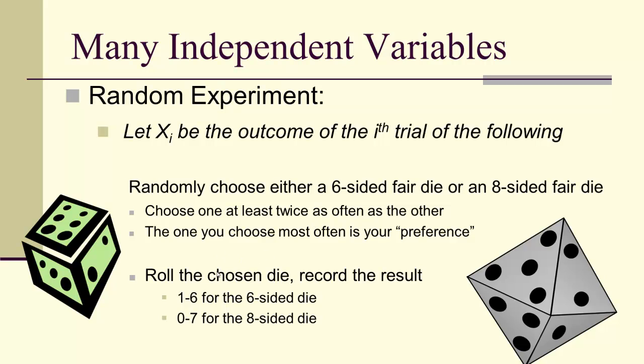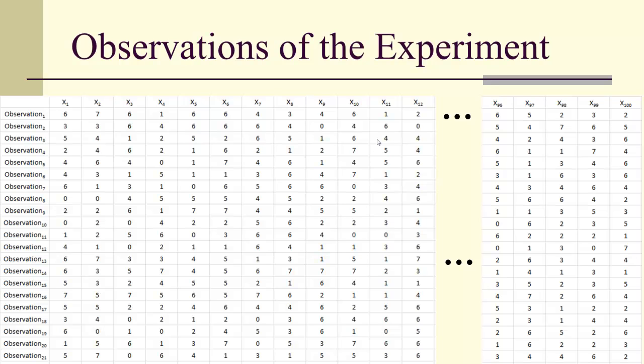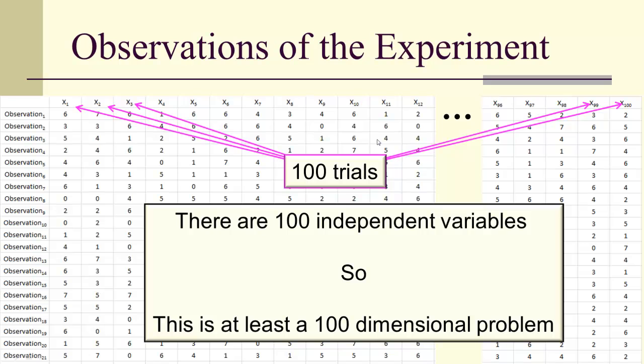We've assigned 1 through 6 for the 6-sided die, so that the average or expected value of each xi is the same, we pick 0 through 7 for the 8-sided die. Each trial, each random choice of a die and subsequent roll is independent of every other trial. So that means if we have 100 trials, as we do in this set of data, then we have a 100-dimensional problem.